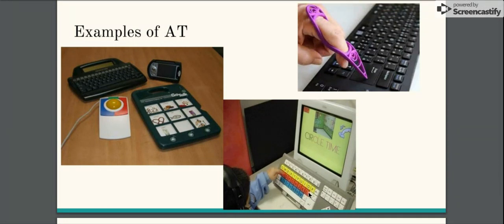This adapted keyboard, simple communication device. This is an alternative to a mouse. There are so many options for AT that go from no-tech things such as picture schedules or pencil grips to high-tech things like voice-activated computers and environmental control systems. In this class, you are going to be exploring many of these options.